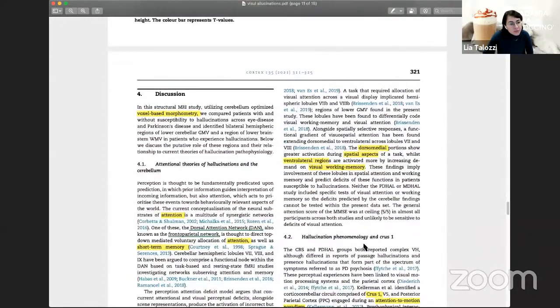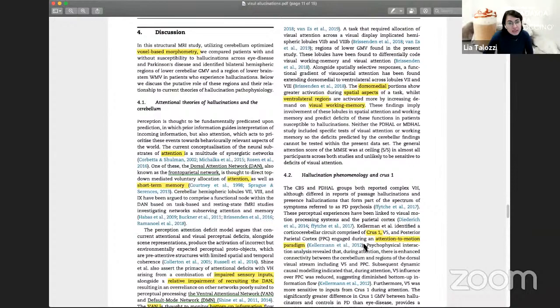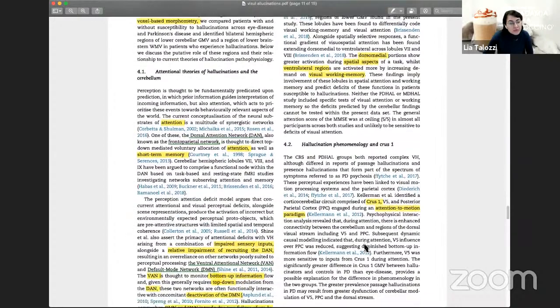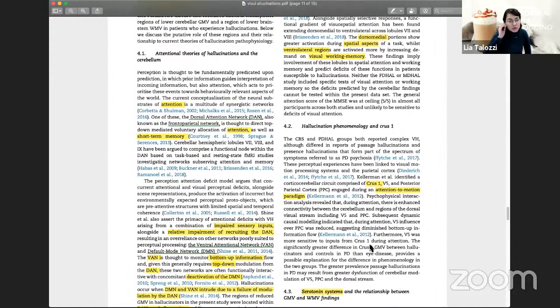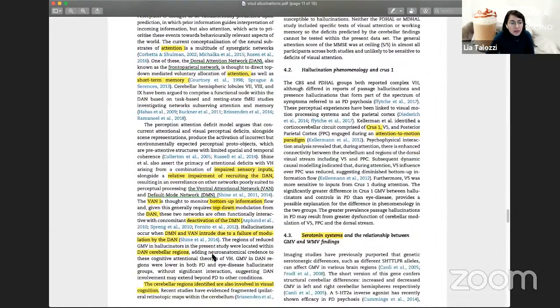And they discussed the results, reporting the literature about these hypotheses on the dysfunctional attention network correlations with the visual processing.